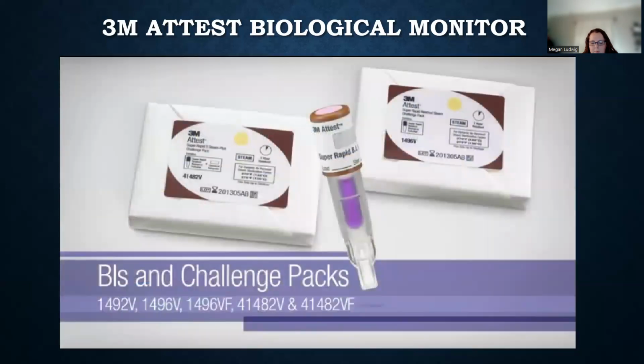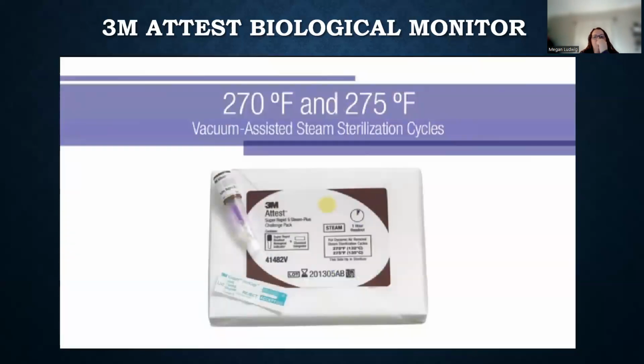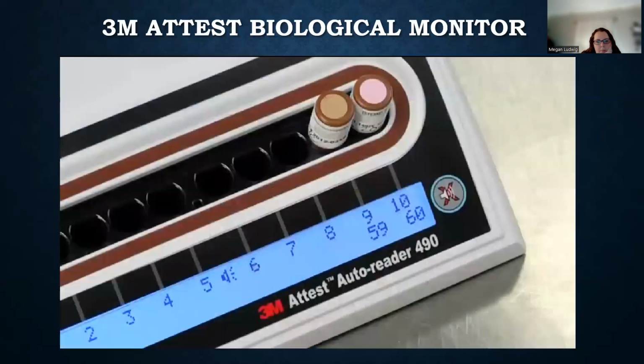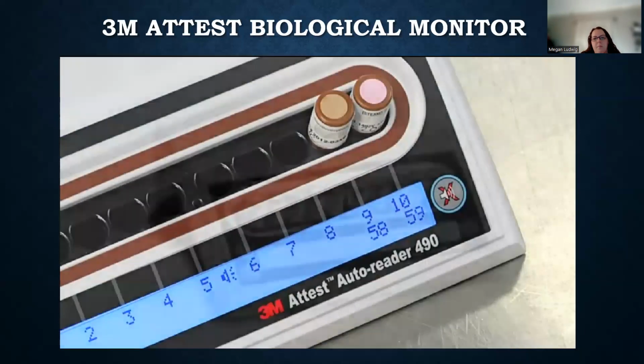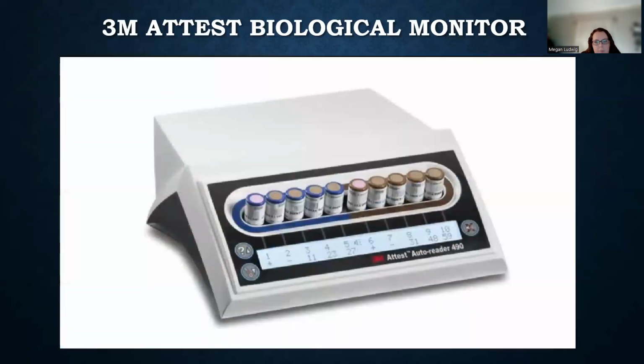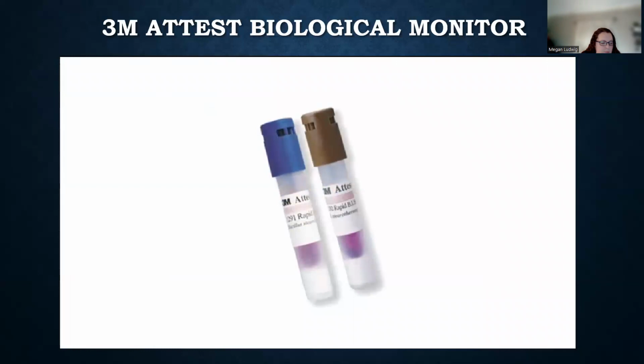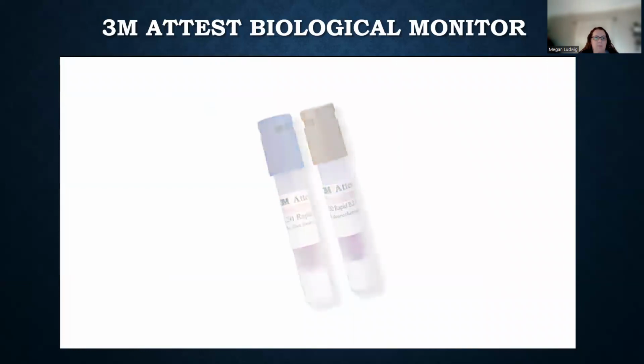1492V brown cap BIs and associated challenge packs monitor 270-degree and 275-degree Fahrenheit vacuum-assisted steam sterilization cycles. The system also includes the 3M A-Test Auto Reader 490, designed to incubate and automatically read the results of 3M A-Test Super Rapid Readout BIs. Other biological indicators are not compatible and cannot be used with this auto reader.